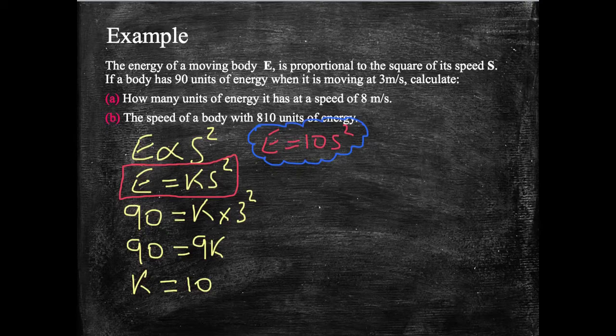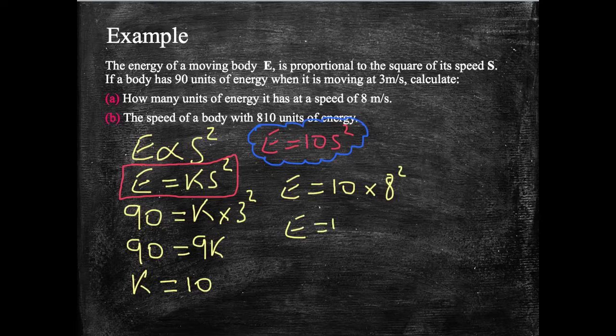The rest of the question says, part A: how many units of energy does it have at a speed of 8 meters per second? So we're trying to work out E. Well, we know that E equals 10s squared. 10 times, well, the speed is 8, so 8 squared.